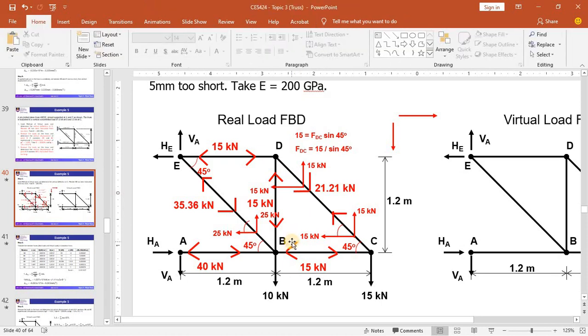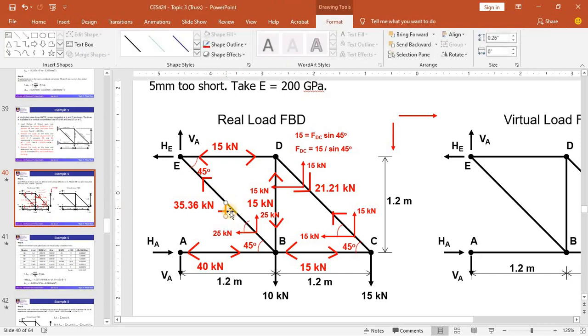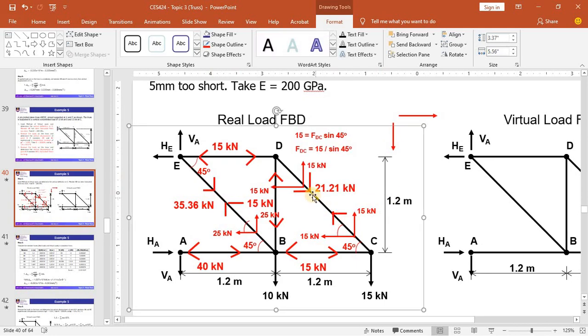I think the similar thing must be changed for member EB. So this must be in tension because you can see that my component is in this direction. So CD and EB are under tension.